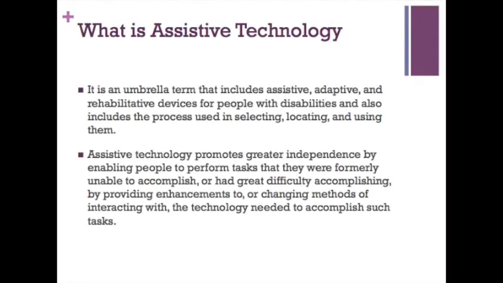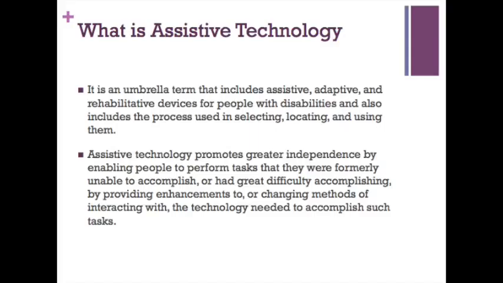Now that we have defined technology, let us attempt to define adaptive or assistive technology. So, a clinical definition of adaptive or assistive technology is as follows. It is an umbrella term that includes assistive, adaptive, and rehabilitative devices for people with disabilities, and also includes the process used in selecting, locating, and using them.